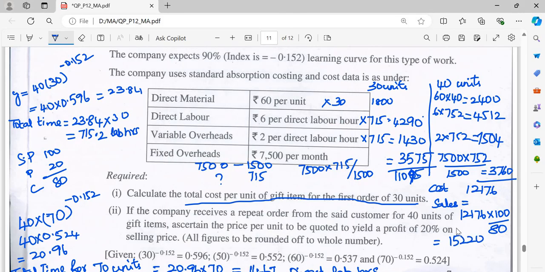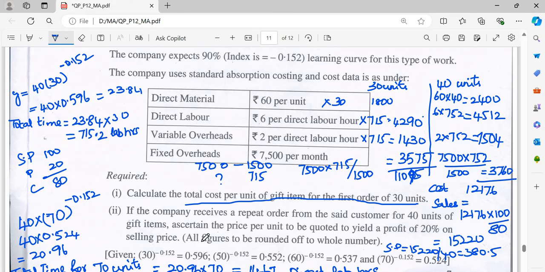So in question they have asked the selling price. So selling price is equal to 15,220 divided by number of units 40. So I will be getting 380.5. So you can make it as 380.